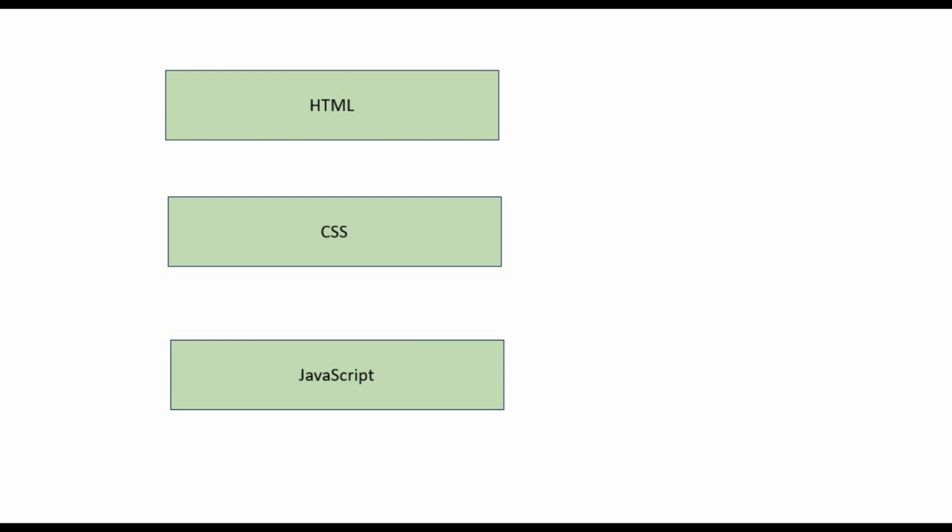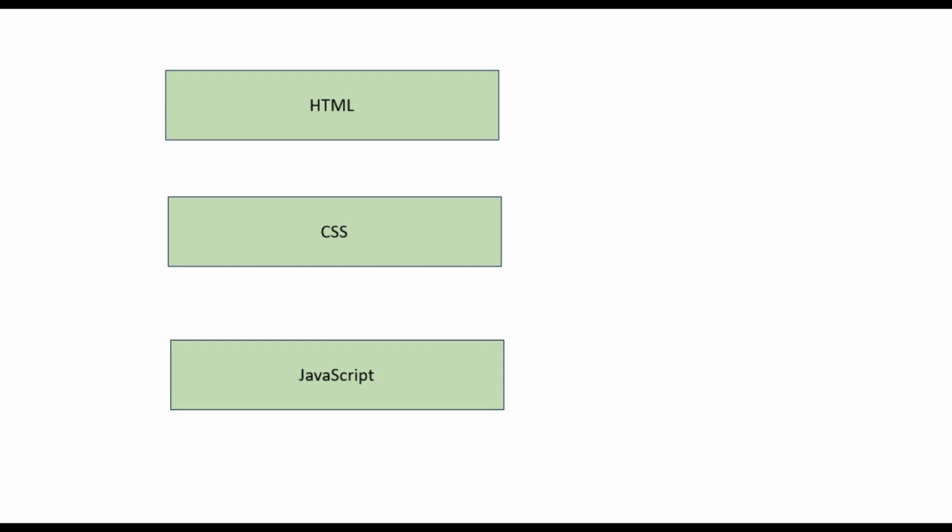HTML stands for Hypertext Markup Language. Using this, we can build the basic blocks of our website. Basically, our text is represented in a sorted form, in a disciplined form, using HTML.